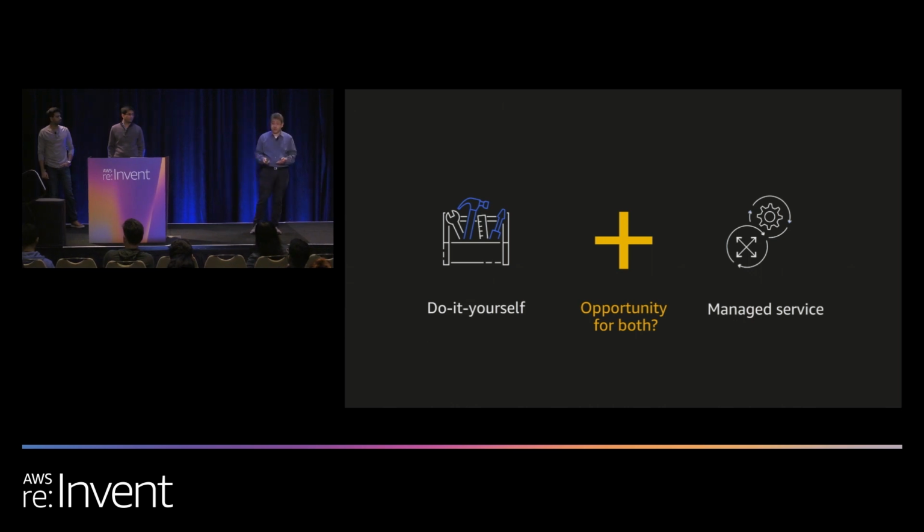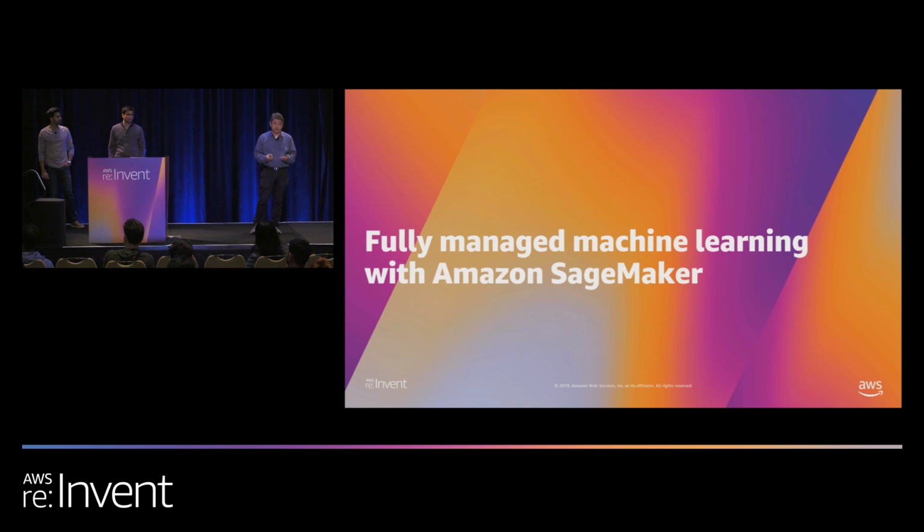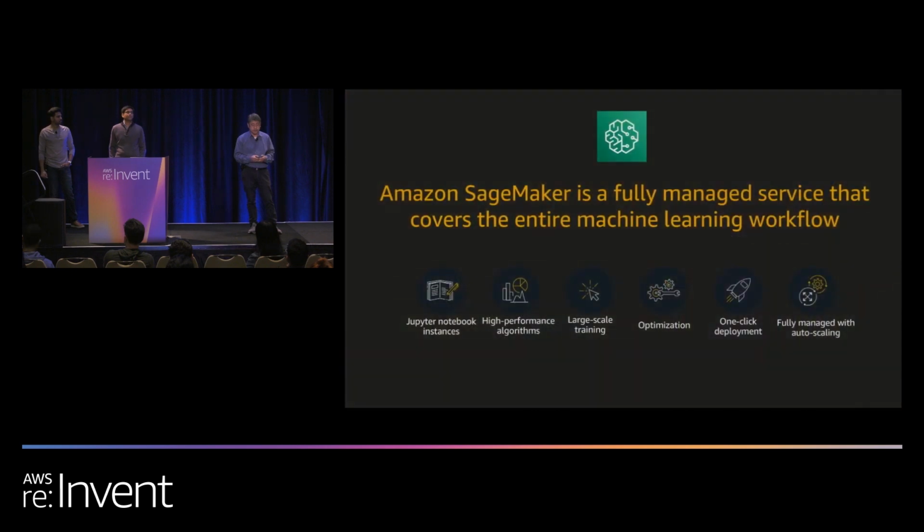And to answer that question, let's first take a look at Amazon SageMaker, which is a fully managed machine learning service. For those of you who are not familiar, Amazon SageMaker is a fully managed machine learning service that covers the entire machine learning lifecycle.